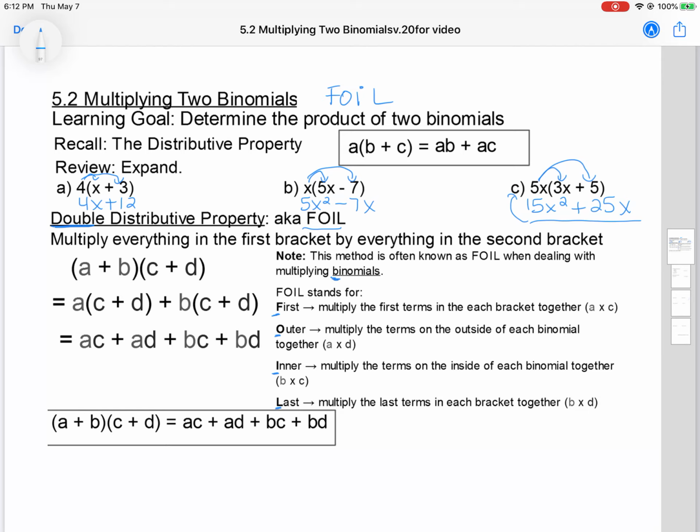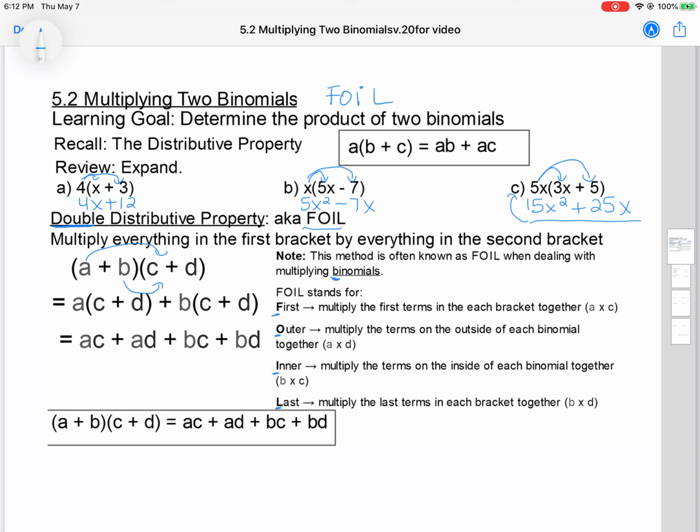Okay, so here we have the general form. If you have A plus B times C plus D, then A has to be multiplied by everything in this bracket as well. So does B. So the way that we can deal with that is to do FOIL.